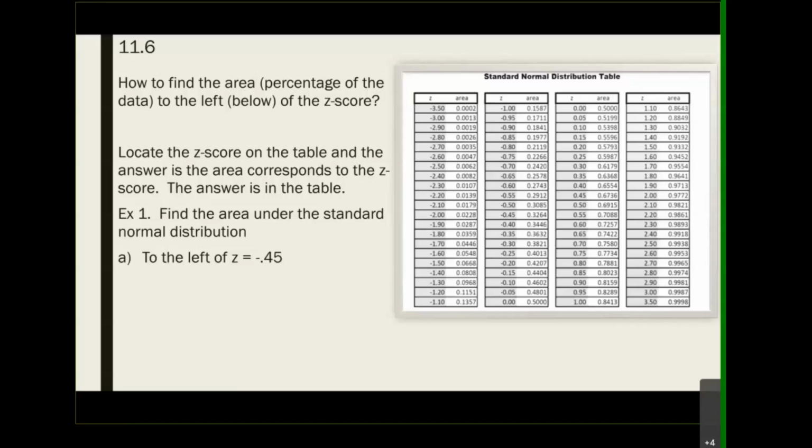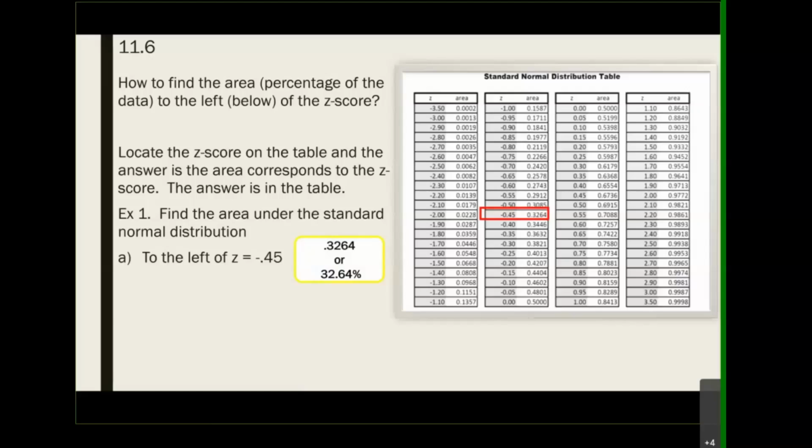of -0.45, your empirical rule cannot do this. So looking at this, we ask ourselves, where is my z-score of -0.45, and what is the corresponding area?